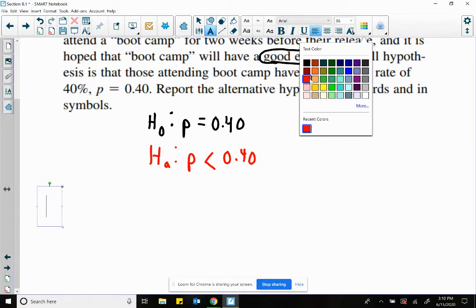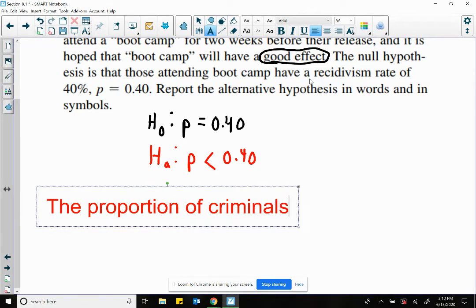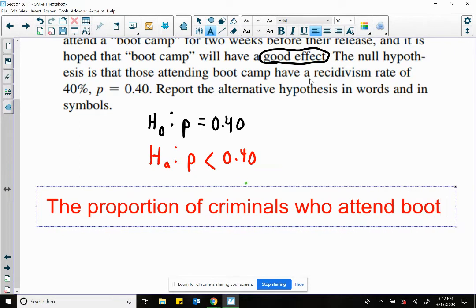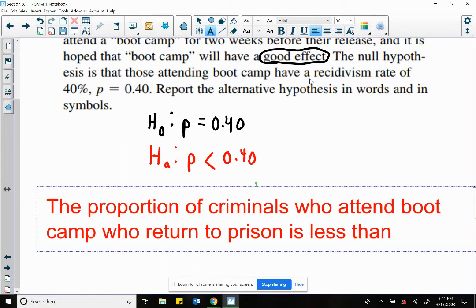But basically, in words, what this is saying is that the proportion, because this is all about a proportion, of criminals who attend boot camp who return to prison is less than 0.40. That's what this is meaning in words.